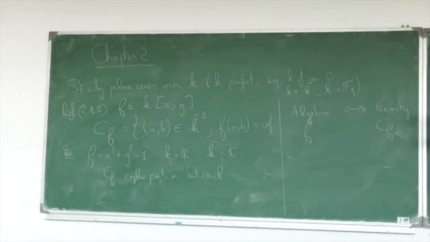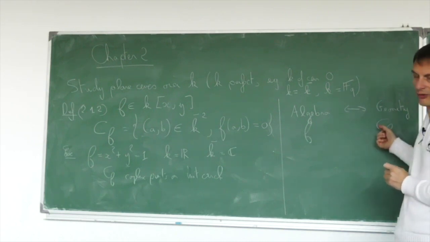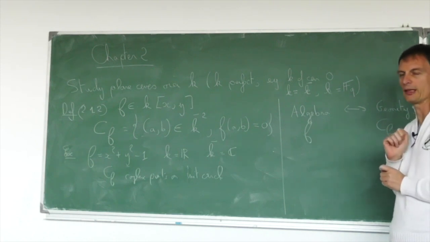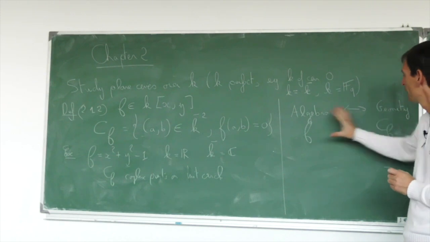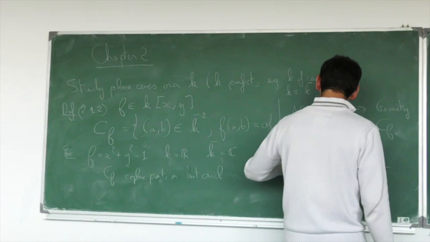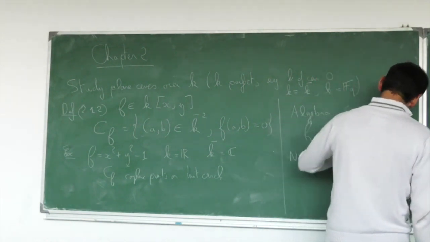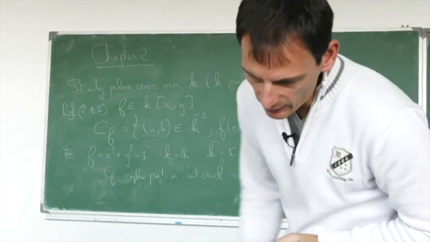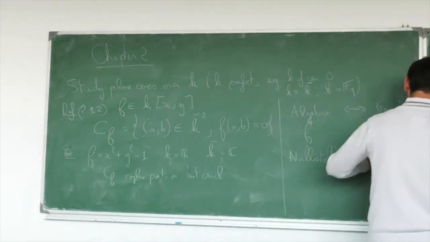And of course, it's not perfect. f determines C of f by definition, but maybe C of f doesn't determine completely f. But it is not difficult to see how it fits together. And how it fits together is this famous Nullstellensatz, which is exactly theorem 2.1.1 in the notes.